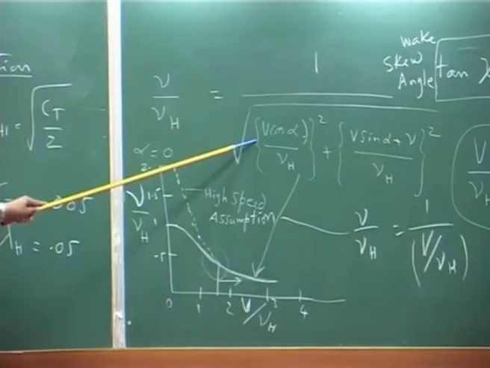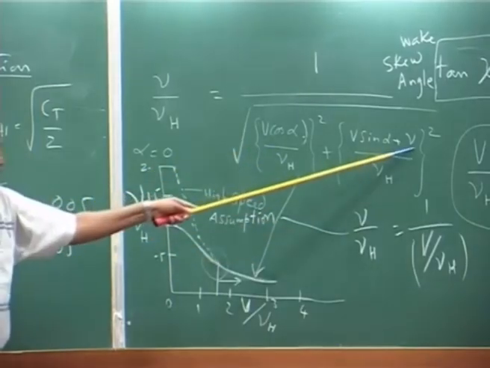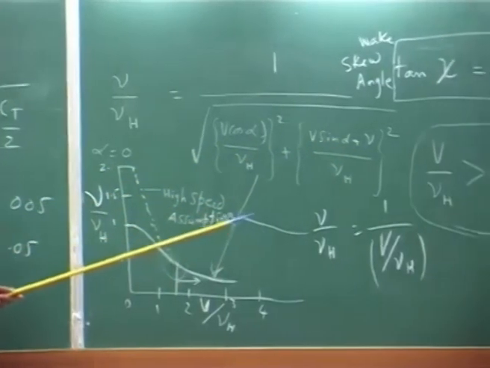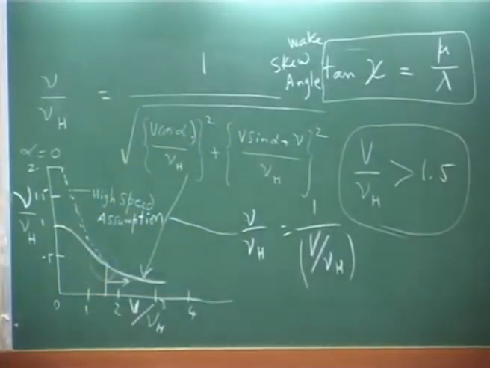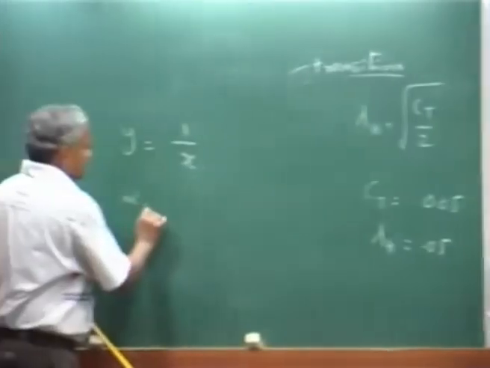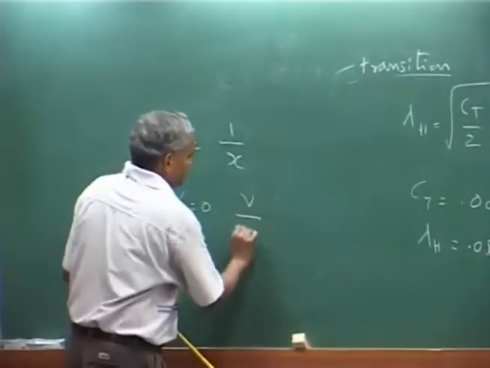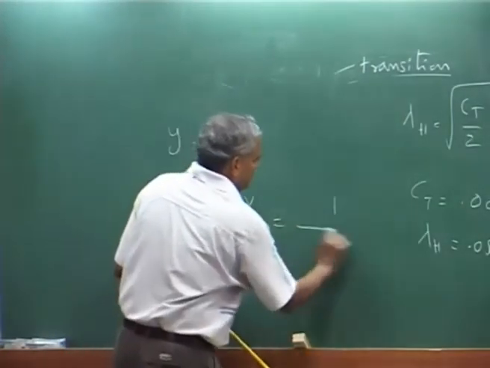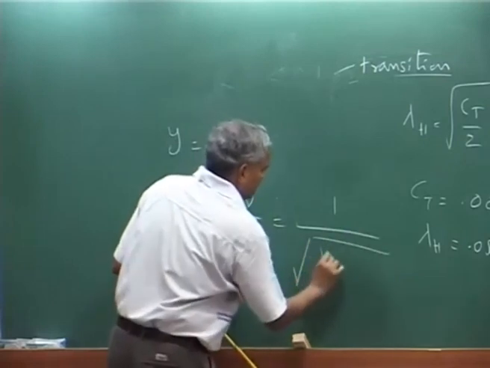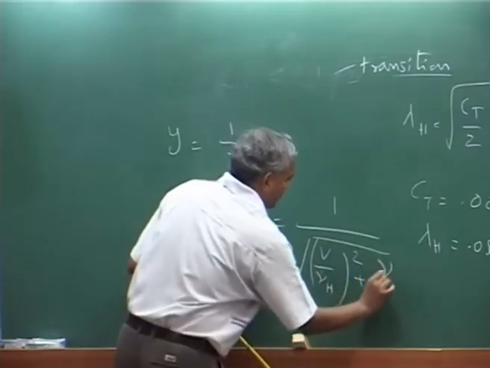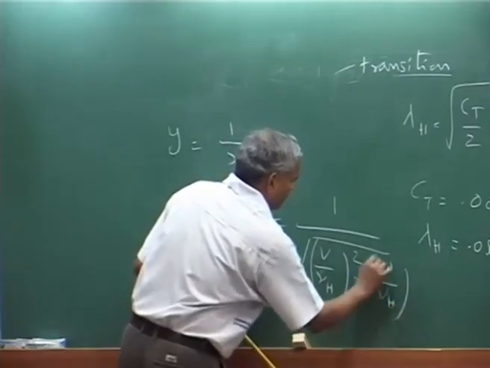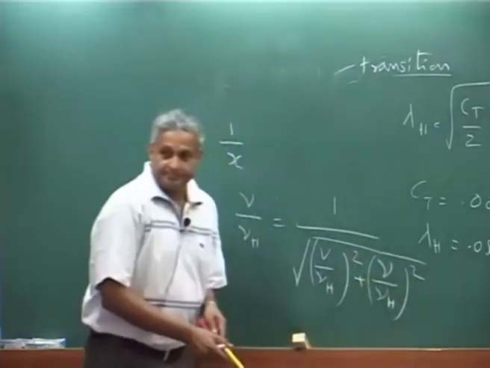I don't make an assumption that my nu is much smaller than V cos alpha or anything like that. The only thing is alpha equal to 0, because I have to assume some alpha. I took that 0 value and I am getting inflow purely from this equation. That is, when alpha is 0, my inflow will be, right.